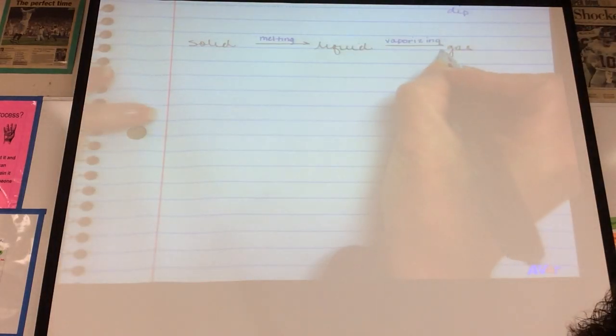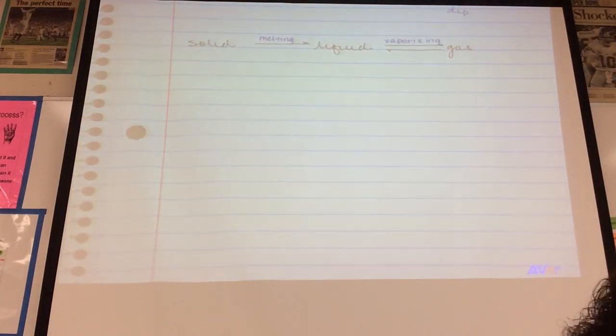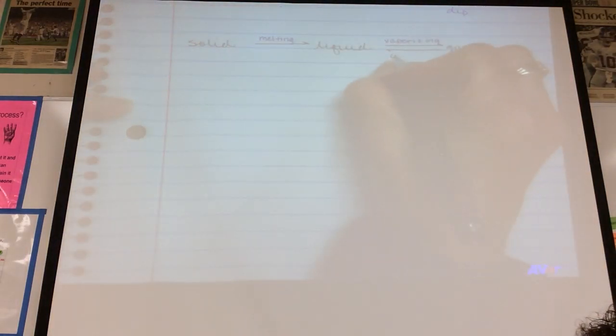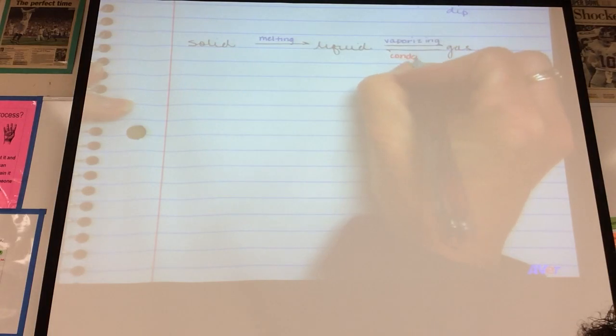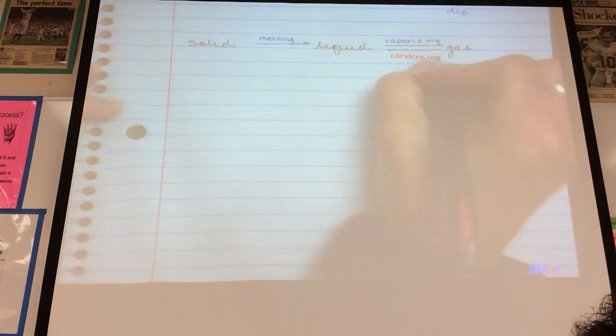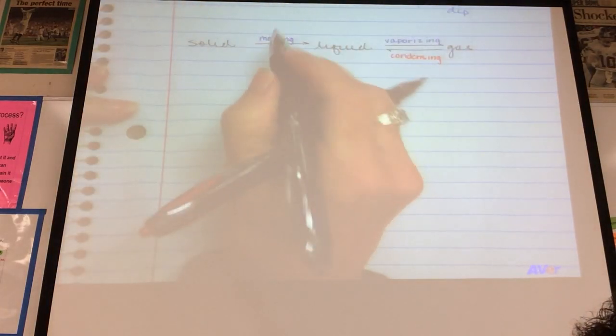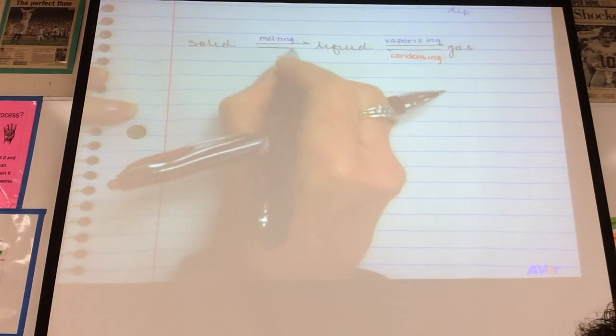If you go gas to liquid, you are condensing, and if you go liquid to solid, freezing.